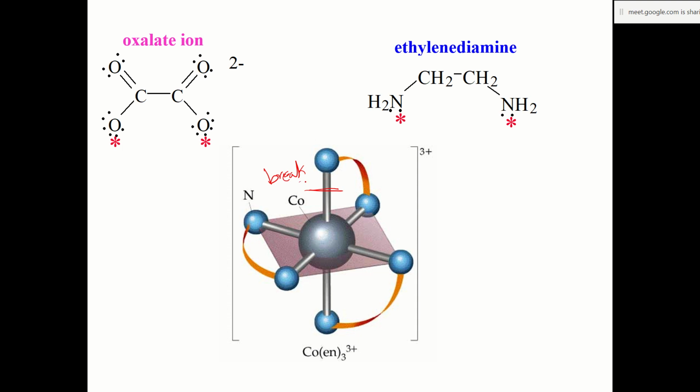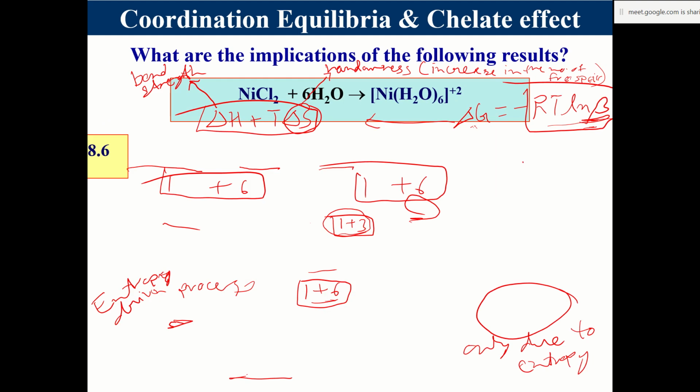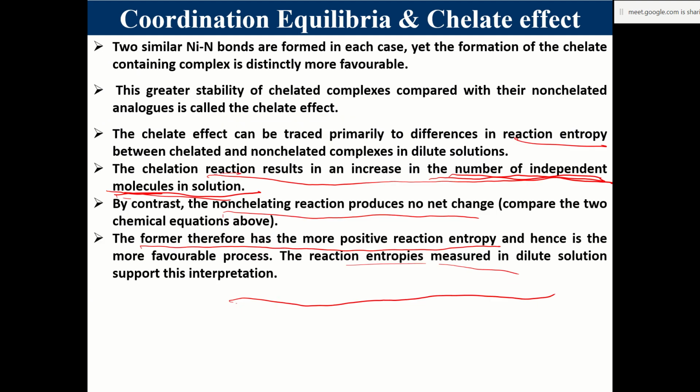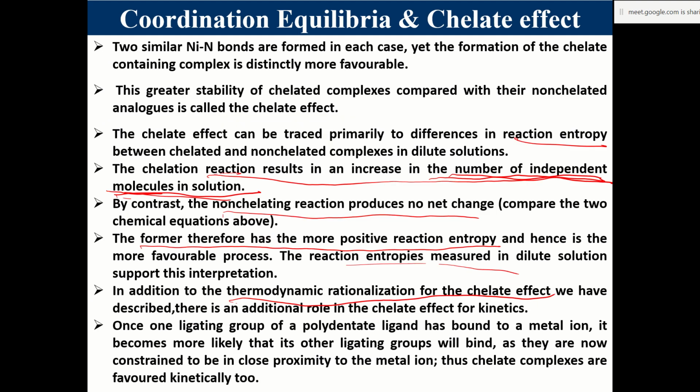If you try to break this metal nitrogen bond, because it is still anchored to the other bonds, it is more likely to recombine. In other cases, if it were a free ammonia molecule, once the metal nitrogen bond is broken, it will be swept away. It will keep moving in the other direction, and there are no chances of recombination. So kinetic factors also control it.